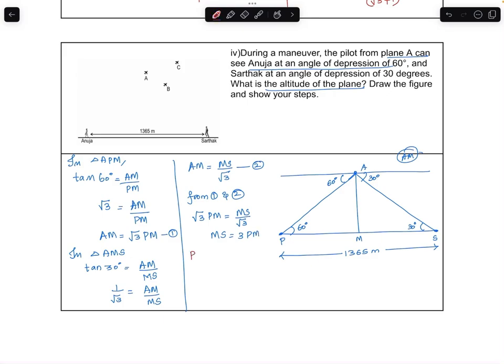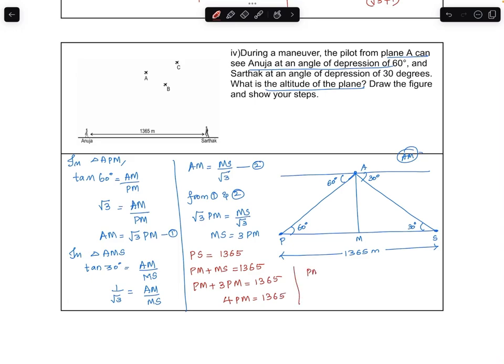Given that the distance between Anuja and Sarthak is 1365, this can be written as PM plus MS is equal to 1365. PM plus MS can be written as PM plus 3 times PM, which is 1365. 4 times PM is 1365.